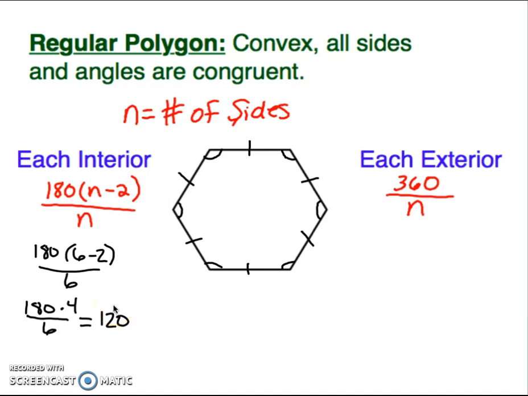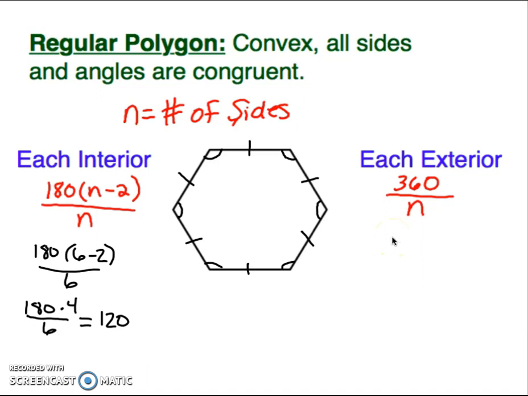Now for the exterior angles, remember that on the first screen, I said that every polygon has an exterior sum of 360. So since this is a regular polygon, all of the exterior angles are congruent.